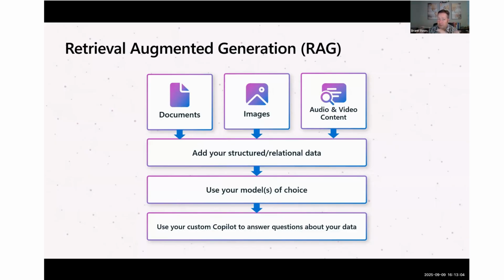And you can also incorporate things like images or video content that can be embedded along with documents. And then you can add in your structured data, meaning that if you have a case management system or a database, you can ingest that data too.